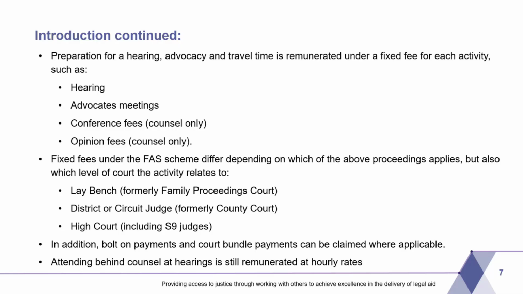The fees under the FAS scheme differ depending on which of the above proceedings applies, but also which level of court the activity relates to. So basically, there's different fees for lay bench, so that's formerly the Family Proceedings Court, district or circuit judge, formerly county court, or the High Court, including S9 panel judges.